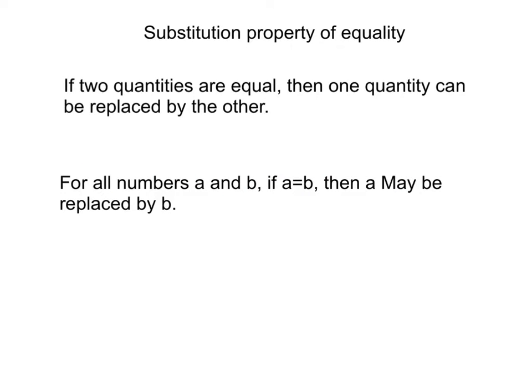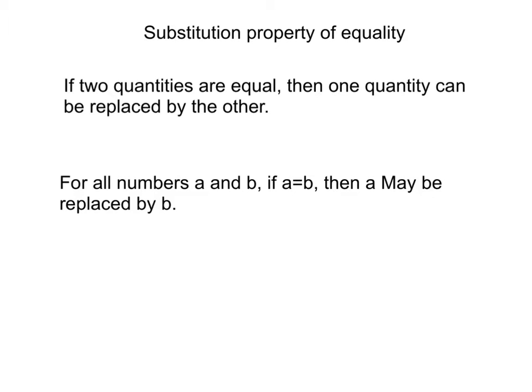There's one property that we're going to take a look at in this unit, and it is the substitution property for equality. This property reads that if 2 quantities are equal, then one quantity can be replaced by another. What that means is for all numbers a and b, if a equals b, then a may be replaced by b.